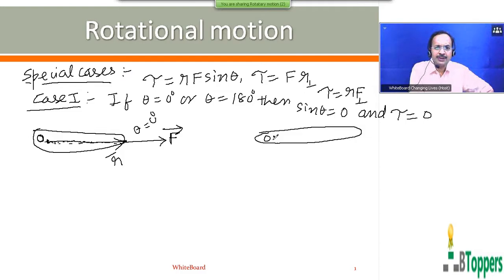Then R bar and F bar act in the same direction. Or theta will be 180 degrees. This is what we are showing.